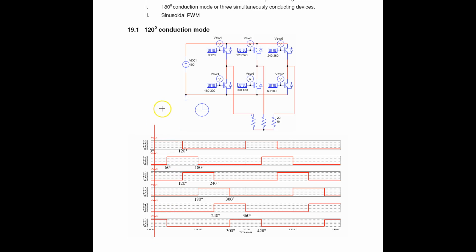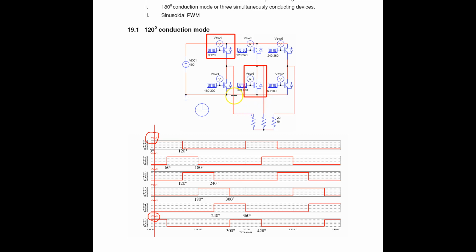If you focus on that, the only switches that are on during this time will be switch 1 and switch 6, right? So which means at this instant, we have this switch and that switch that are only on during that time.